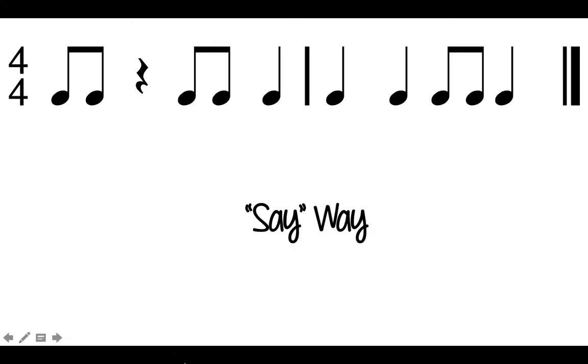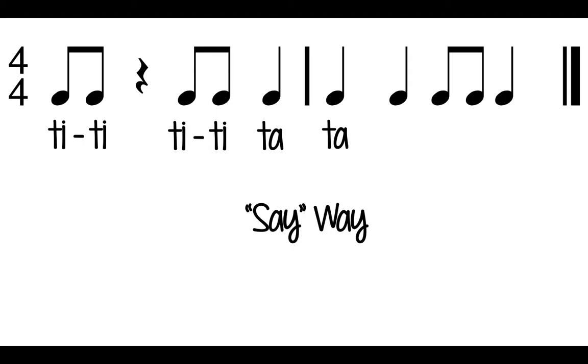So the say way, we would say ti, ti, ti, ti, ta, ta, ta, ti, ti, ta. So we've added a second measure. Before we were just doing one measure, now we have a second measure. When you have a second measure, where this bar line is right here, it resets back to 1.